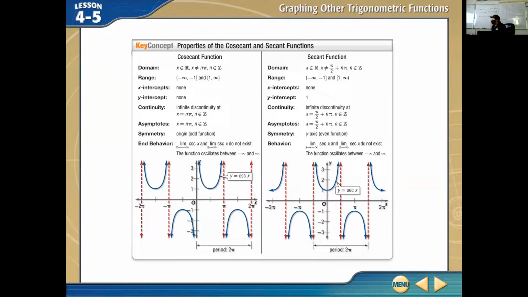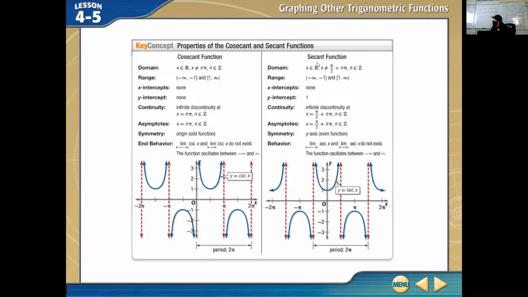It has an infinite discontinuity at every pi radians, so that's pi, 2 pi, or every time that sine would be 0. Okay, it is an odd function. If we were to rotate it 180 degrees, it would map upon itself. Everything's similar to sine, and the end behavior doesn't exist.